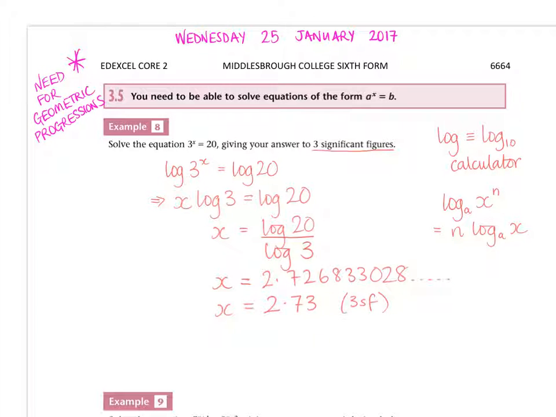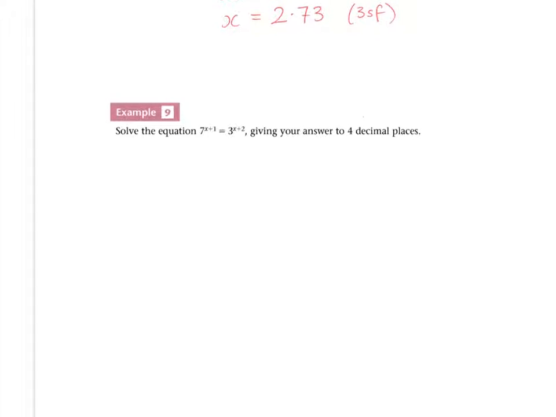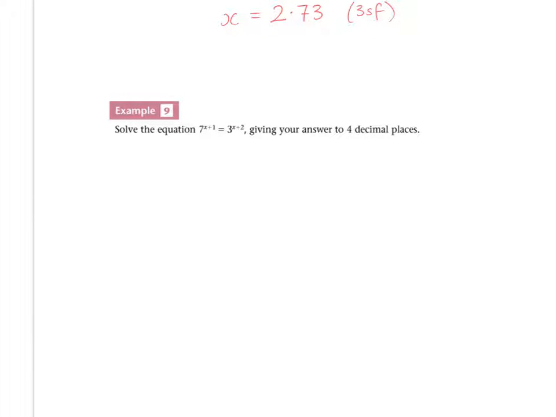Right, moving on then. Let's move on to this one here. This is similar to what you did in C1, except the numbers don't go quite nicely into powers of, in this case, 3. We cannot express 7 in powers of 3, so it makes it a little bit trickier. So the same thing again, we can use the power laws we did before.